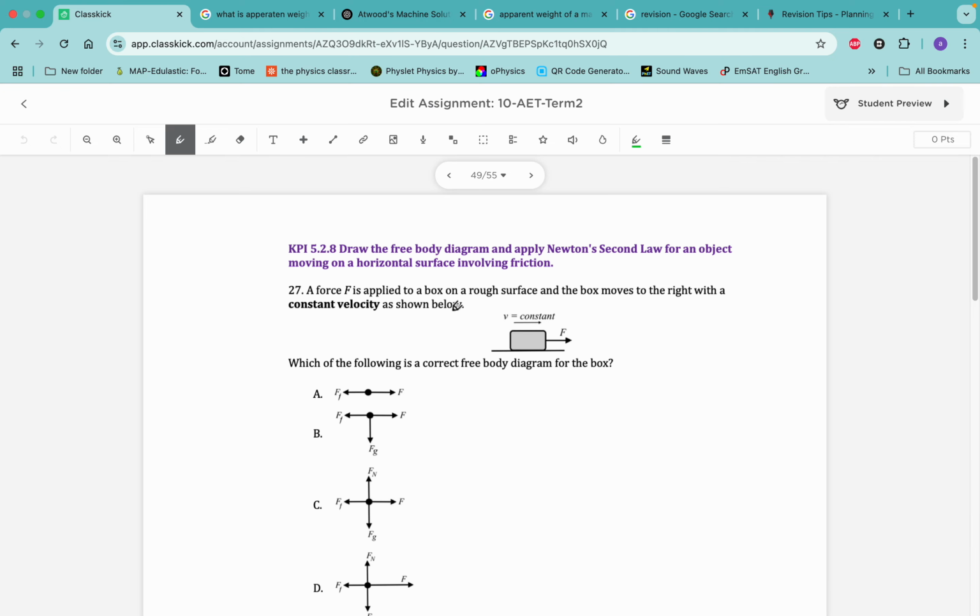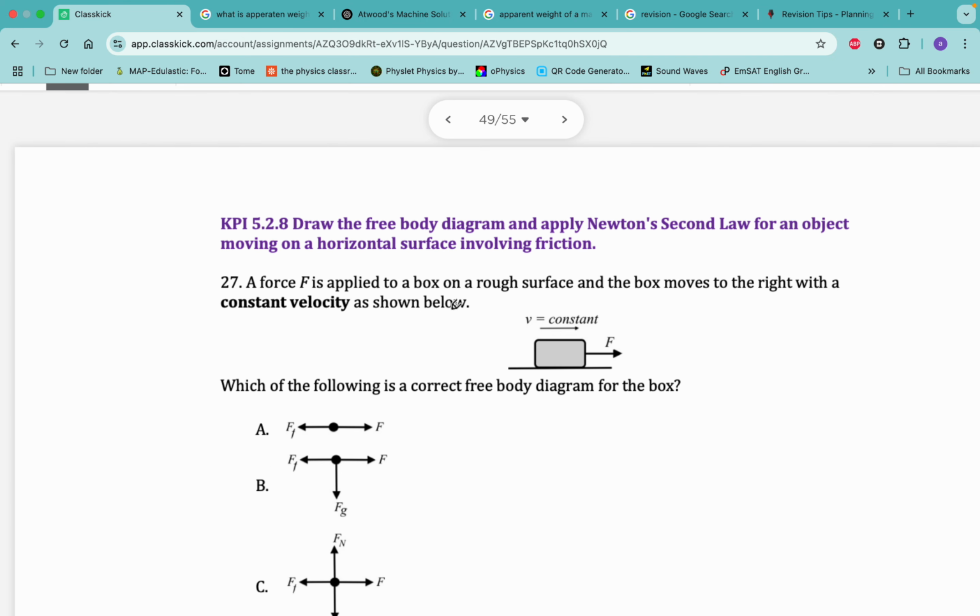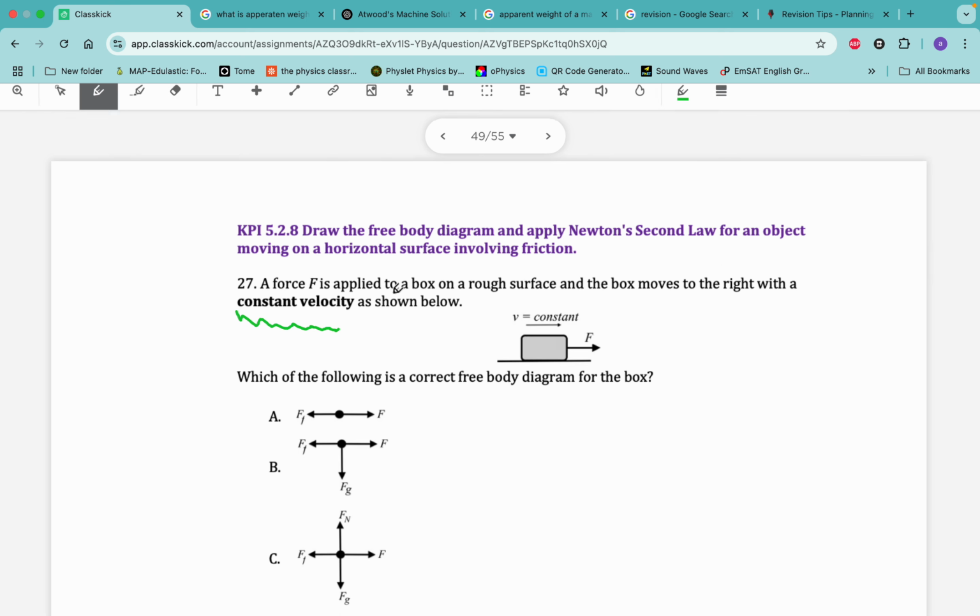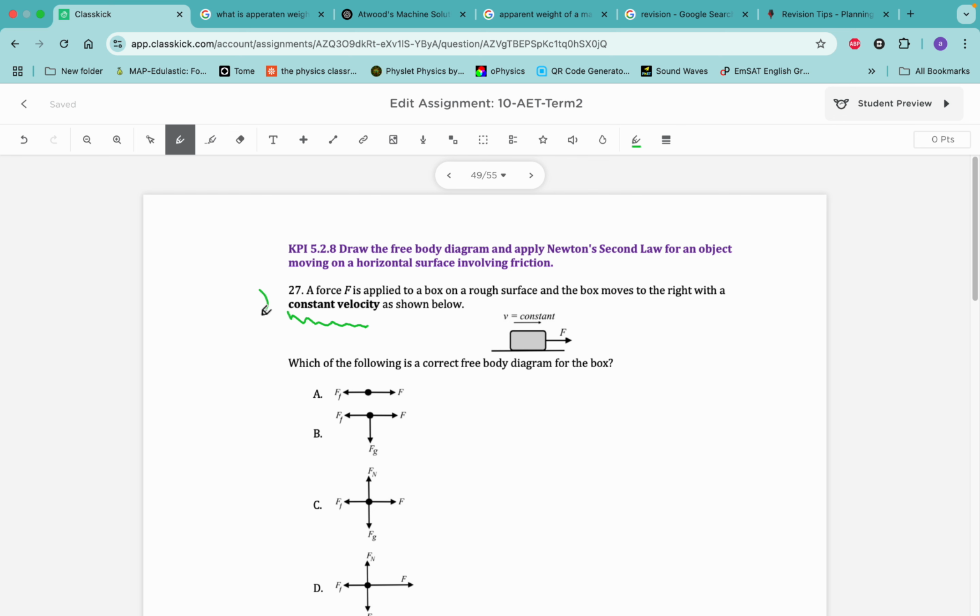Here, for drawing a free body diagram, keywords will also help us know which free body diagram represents the situation. It's written here, a force is applied, the box moves to the right with constant velocity. Constant velocity is the same situation as being at rest.